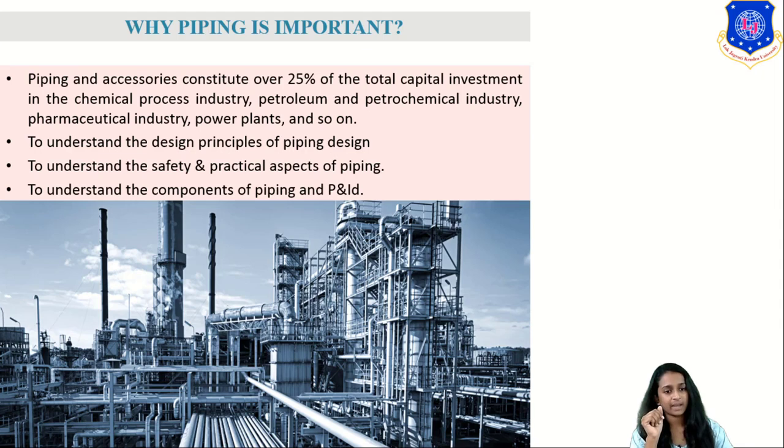So as chemical engineers, we have to understand the design of piping. In this subject, we will understand the design principles of piping, the safety and practical aspects of piping, and then the components of piping and instrumentation diagrams.